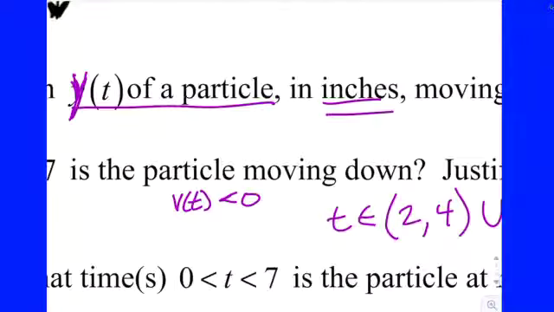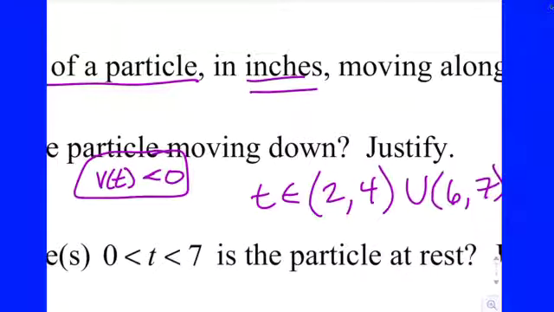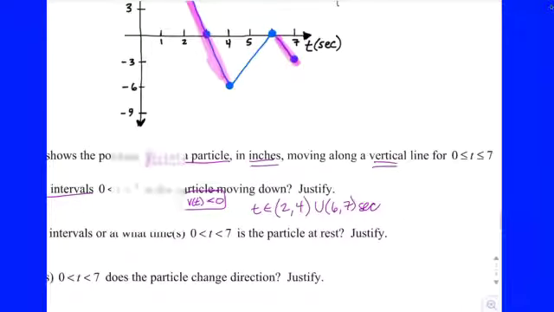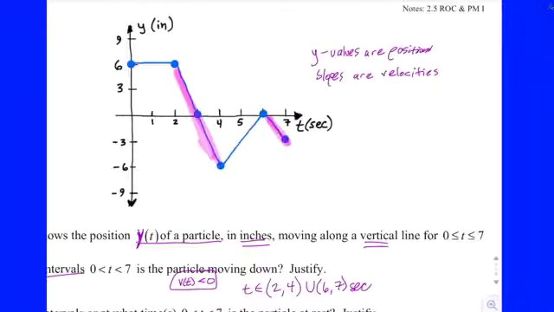Now, it said to justify. Is this enough justification, just to say on these intervals v of t is less than 0? Not quite, because what's v of t? Have we said it? No, they gave us y of t. So if you start throwing out v's, no one's going to know what you're talking about. There's a couple of ways to do this.